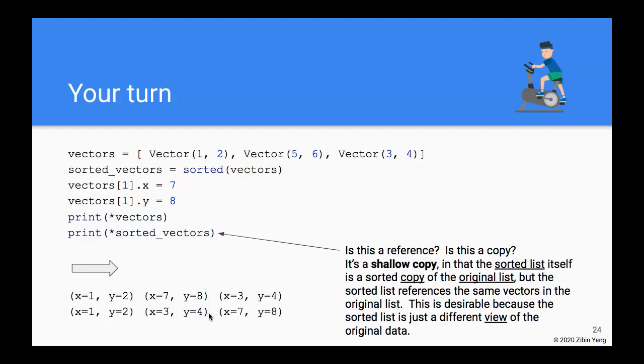Now, between the choice of shallow and deep copy, if we change one of the elements in the original list of vectors, that change is actually reflected in our sorted list of vectors as well. So these two lists are still referencing the same instances of vectors, and they just happen to have a different view of how they are sorted.